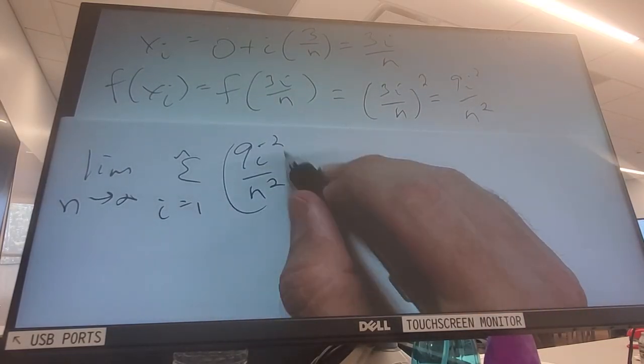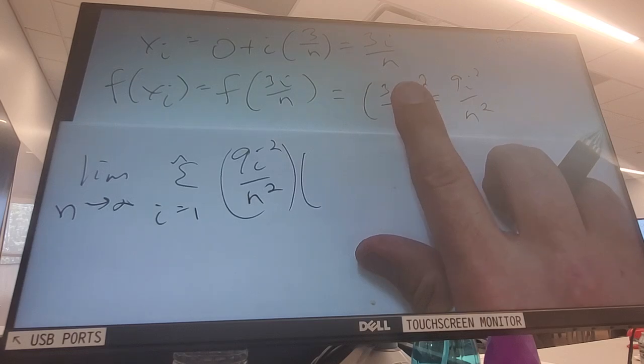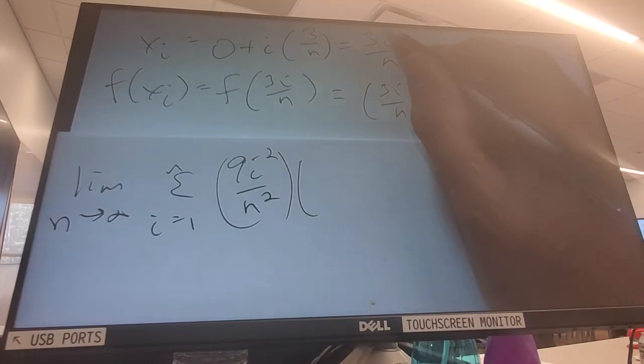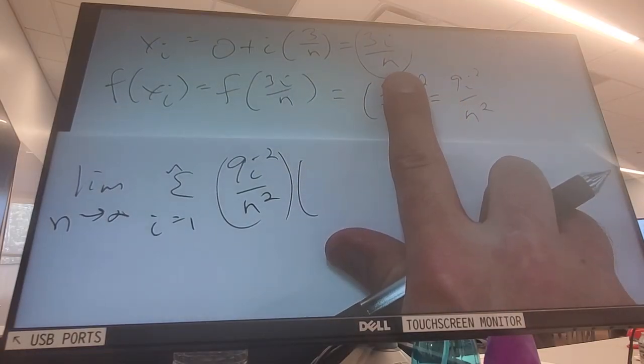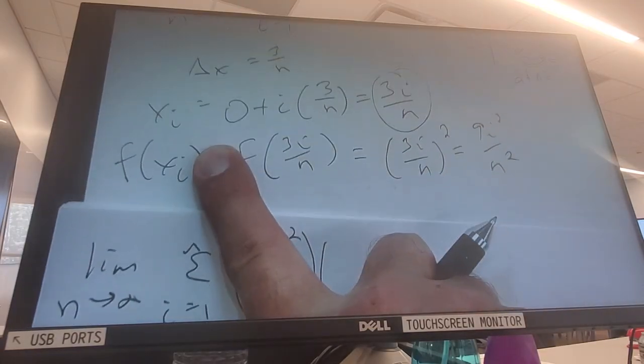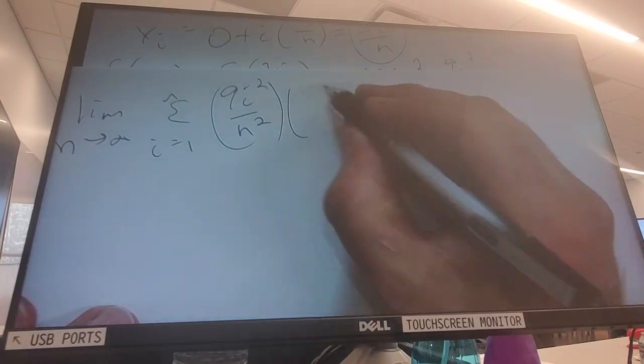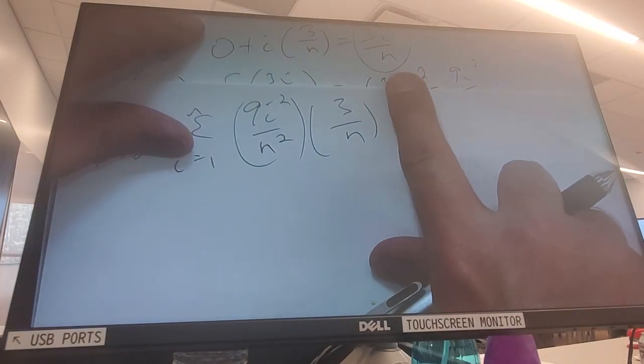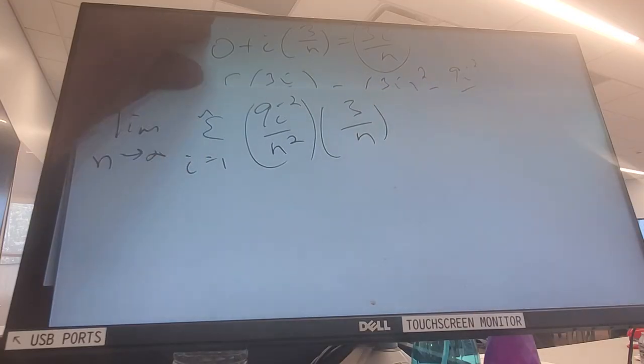And then times delta x. What was delta x? This is where it's really easy to make a mistake. What was delta x? Good. That's xi. Delta x, 3 over n. By the way, when I say people, I mean me. I've done that before. Okay.